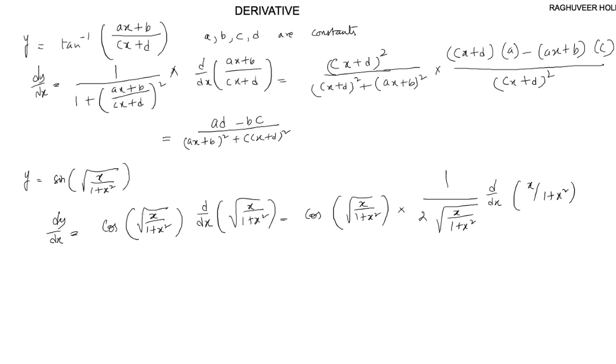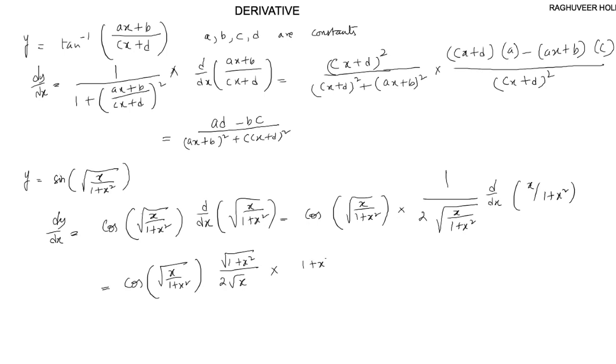Okay, and now further, this will be equal to cos of square root of x by 1 plus x square. Now this goes to the numerator, so that becomes square root of 1 plus x square by 2 root x, right?